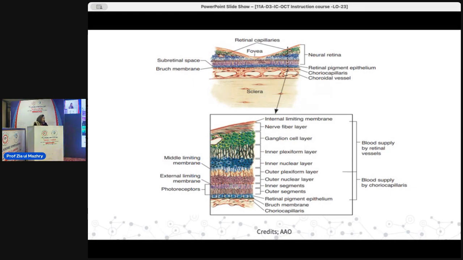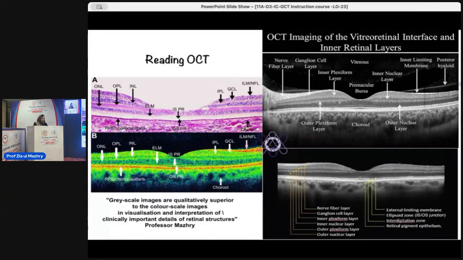So this is a diagram from American Academy of Ophthalmology. I will explain this on this beautiful diagram, which correlates the histopathology and the live section we are seeing in the OCT. So moving on, here you can see from inner to the outer side, the layers of OCT. We will individually discuss the anatomy of these layers and we will individually characterize them, how they appear on the OCT.